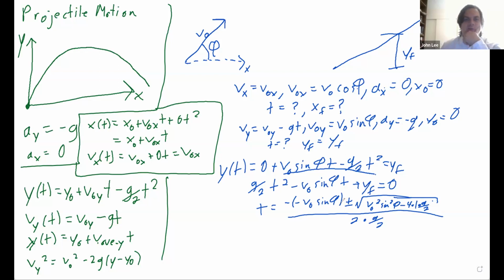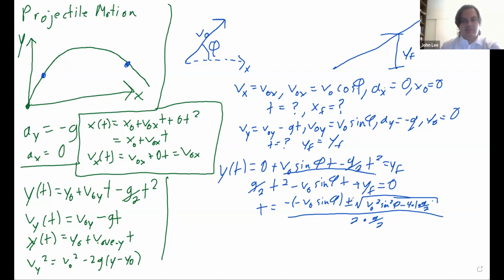the farther value because as we look at this graph of y versus x, as we look at this parabola, it first goes up and then comes down at a later time.